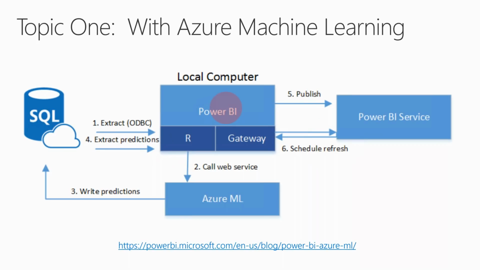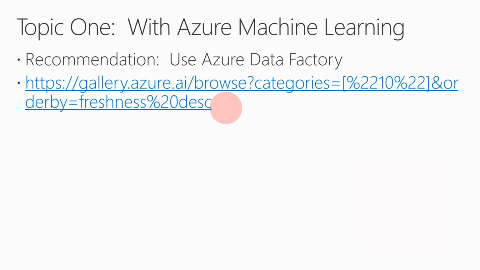But I would think of it as more of a development type of scenario where someone's sitting on the desktop and they might be doing some experimentation. Now, in an enterprise environment, I actually have a slightly different recommendation, and that would be to use Azure Data Factory. So we're not going to go into what that exactly would look like, but I have a link here to follow up on that topic.